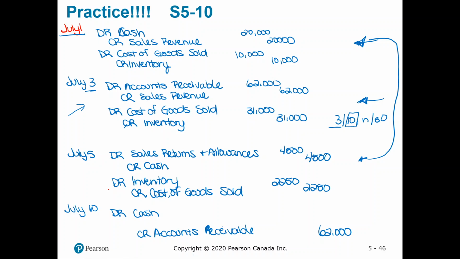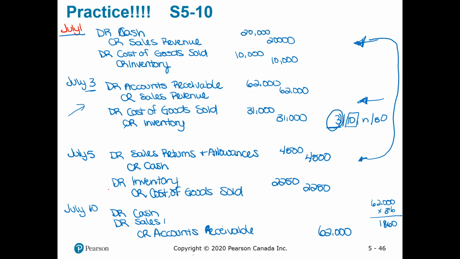So we take $62,000, we can multiply that by this 3, that's the 3% discount. So if we do that math, it ends up $1,860 is the discount amount. So when we give a discount when we're the seller, again, we use this contra account.